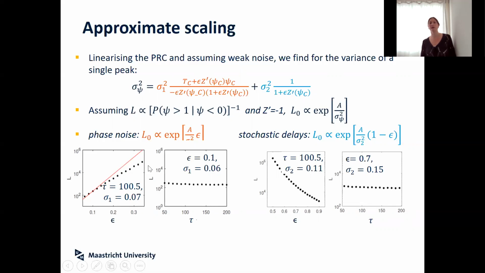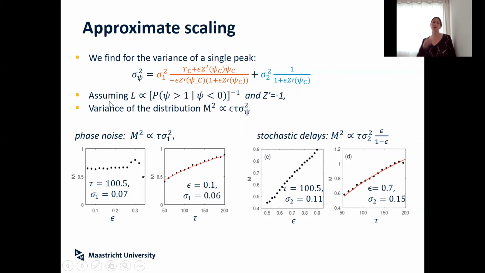And this is pure exponential scaling as long as the coupling is small, and we can ignore this term here, while the delay does not appear in the lifetimes. Now for stochastic delays, only taking this term into account, we have a scaling with 1 minus epsilon, which explains the exponentially decreasing lifetime with the coupling strength.